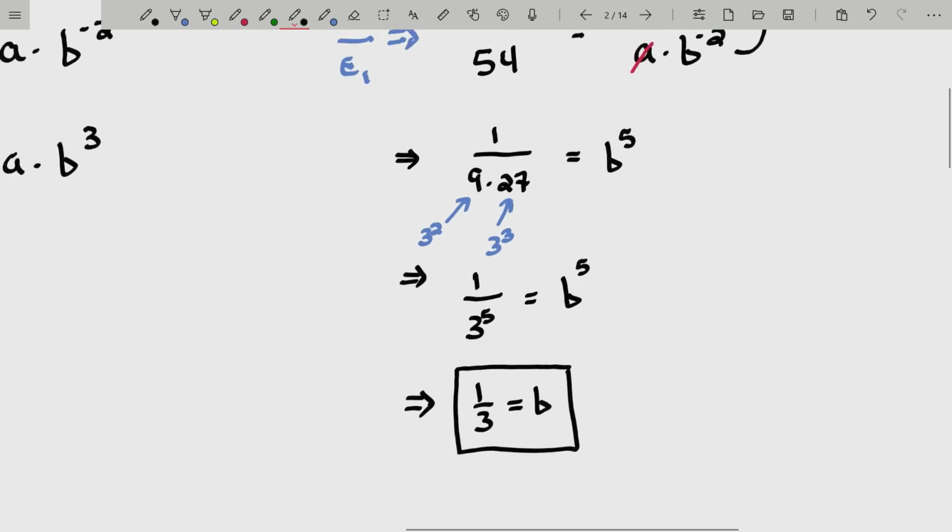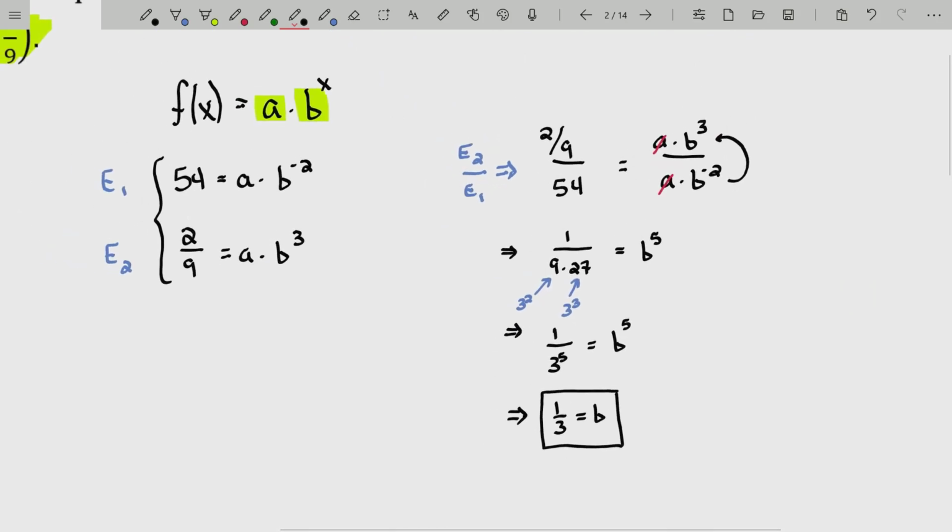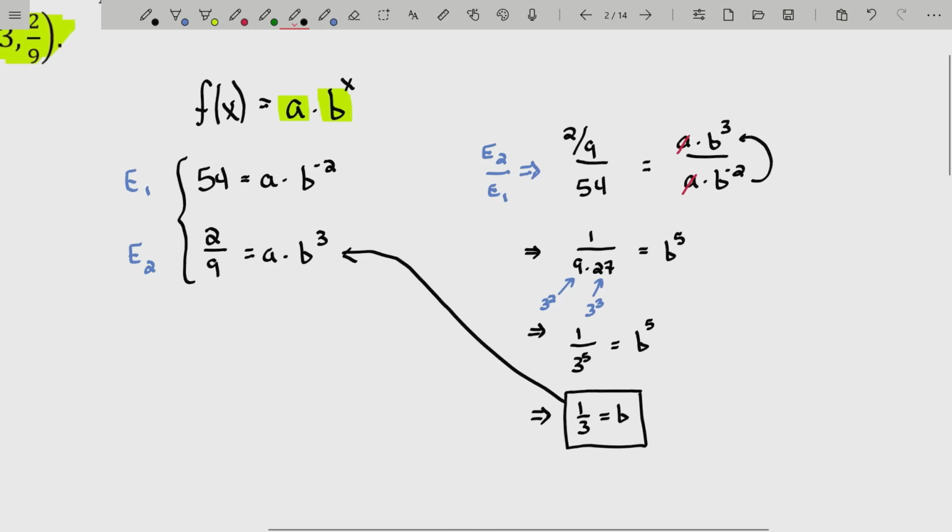And just like any good system of equations, you can take that b and plug it into any of the equations in the original system. I think I'm just going to plug it in the second equation just because I want to. So I'll erase that out there.